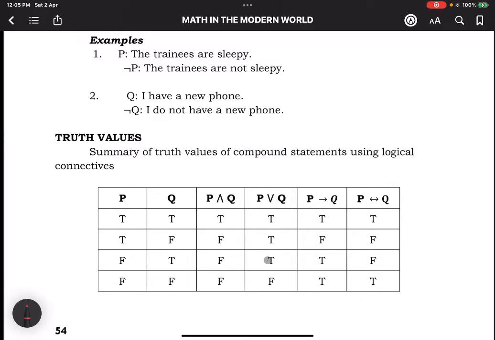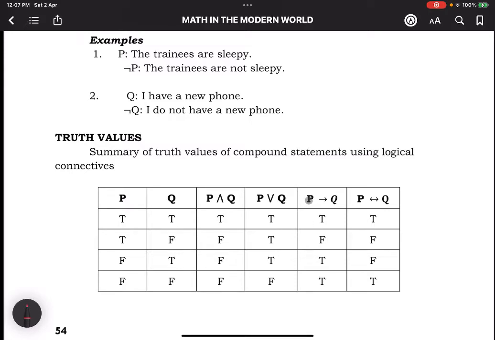For "or," the condition to be true is that either of them must be true, so the evaluated truth value is also true. Notice that there is no true in the last instance, so the evaluated truth value is false.